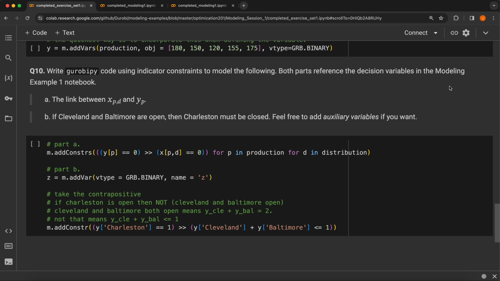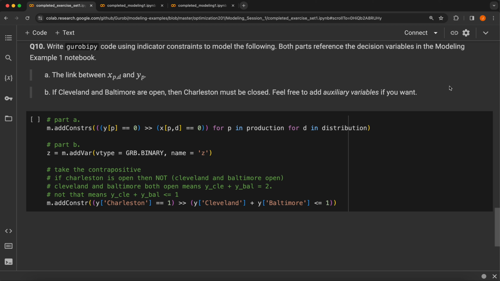So given the contrapositive of what we started with as the original statement, if X is positive then Y must be 1, the contrapositive fits in nicely: if Y is 0, then X must be 0 as well, for each P in production and D in distribution. So that was directly implementing what we discussed.